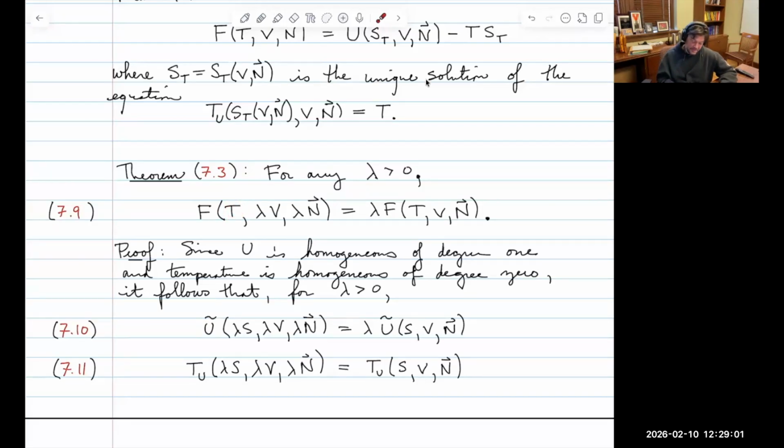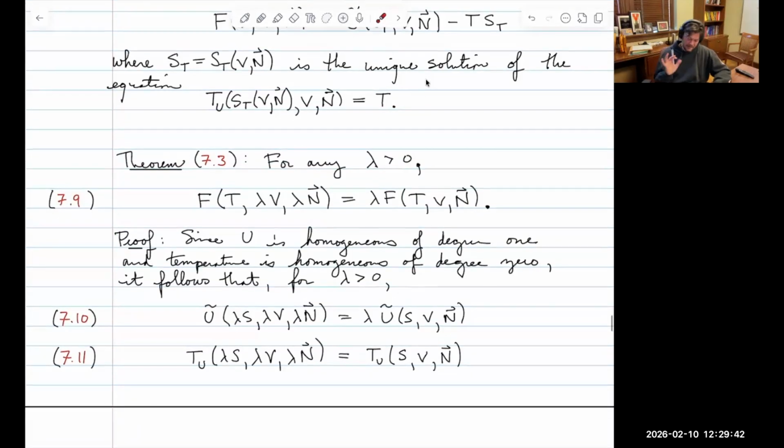When this lambda comes inside, it only attaches to the volume and the number of moles terms. It doesn't attach to the temperature. So overall, what is this function F? It's not homogeneous of degree one. It's not homogeneous of degree zero. It's just its own sort of thing, and it satisfies its own property, namely this. It's kind of a combination of a function which is homogeneous of degree zero and homogeneous of degree one, I guess.